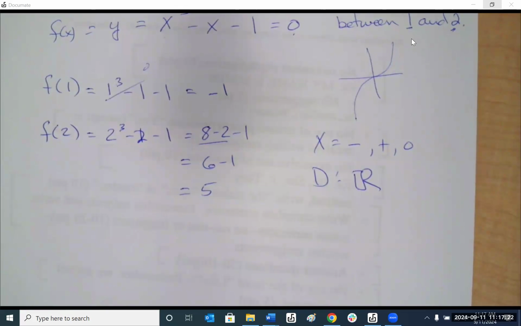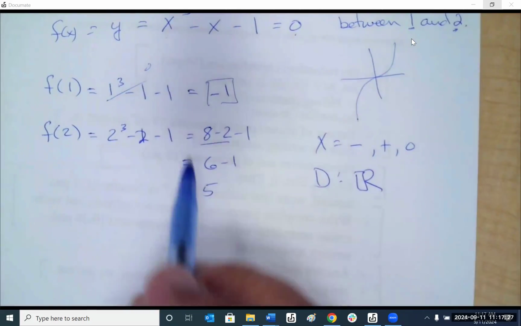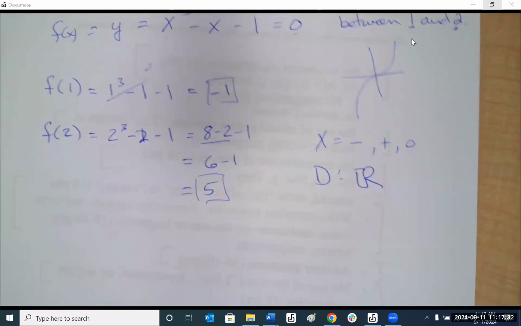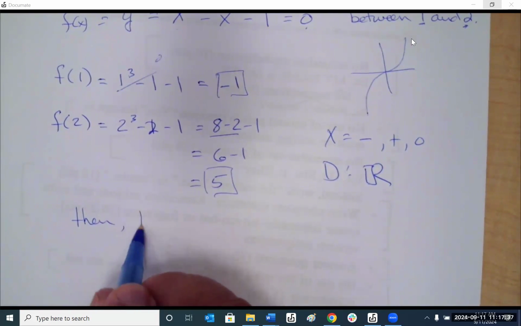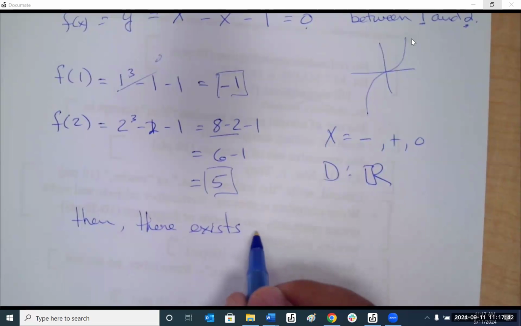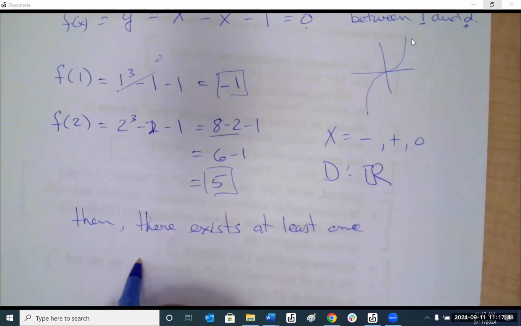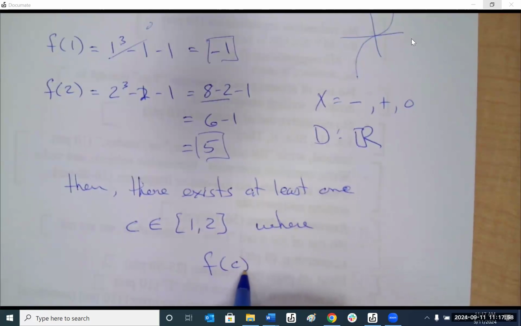Since the function is continuous and at the endpoints we have two values with different signs, that means there exists at least one c inside the domain of [1, 2] where the function equals 0.